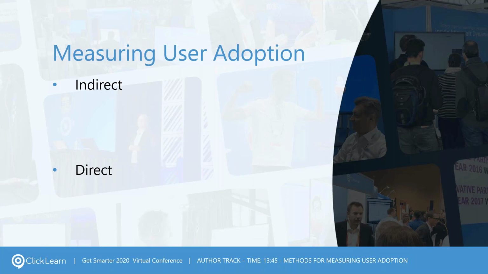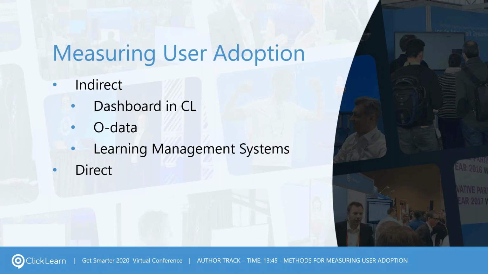This can be investigated through the dashboard in ClickLearn Studio or through extracting the OData and investigating the OData as well. And if you have a learning management system, you will also be able to investigate through your own LMS, and in that way, it can be good for measuring the skills of the end users.